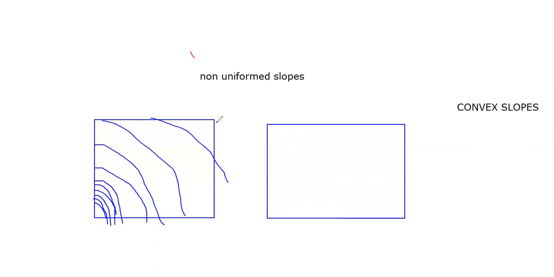This is what you call a convex slope, right? Now, a convex slope would look more like this. Like, yeah, that would look like a convex slope, right?